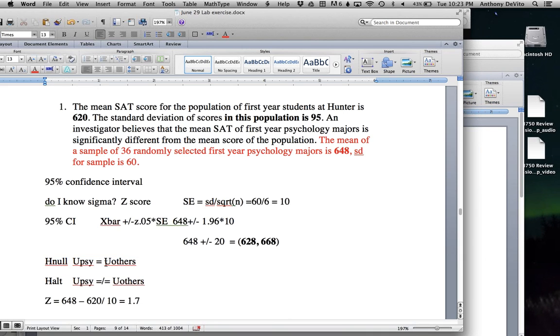All you did was fail to get the evidence you needed to say that this was not true so that you could accept your alternative. So you can't say that you accept your null hypothesis. You can just say you failed to reject it. If you were able to reject it, in this case where it was 2.8, the number we actually got, I could say I reject my null hypothesis and I accept my alternative hypothesis.